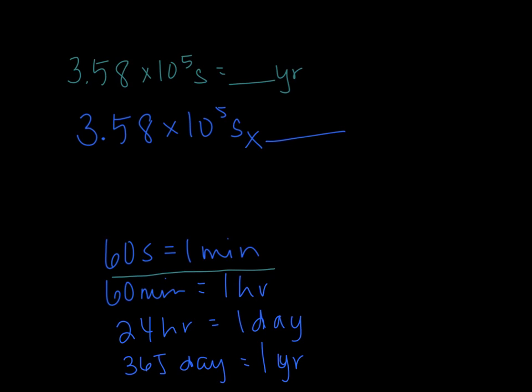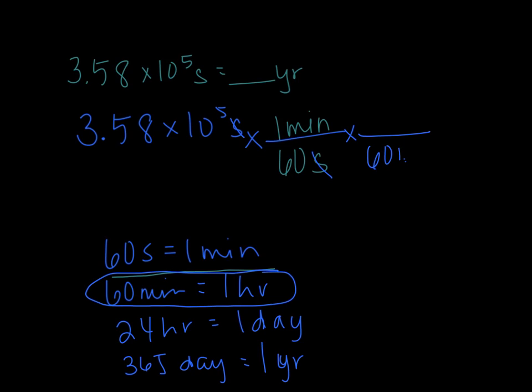And I'm going to put 60 seconds in 1 minute. Okay, and then I'm going to cancel out seconds. So seconds is gone, and I'm left with minutes. So next, I'm going to do minutes. Which unit has to go down on the bottom now? Right, minutes has to go down on the bottom. And so I'm going to use this one now.